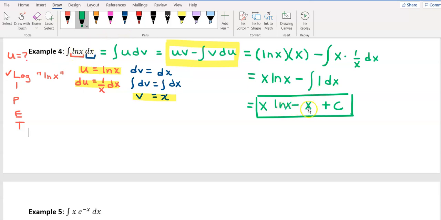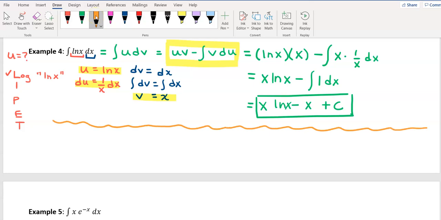So the derivative of our answer should get us back to what we started with. So let's see if that actually happens really quickly. I'm doing it on this one because it's not such a time-consuming one. So if I take the derivative of x times the ln of x minus x plus c and figure out its derivative, so this first part we'll need to use the product rule.